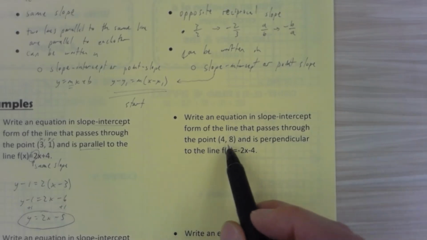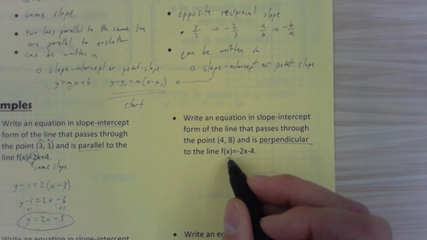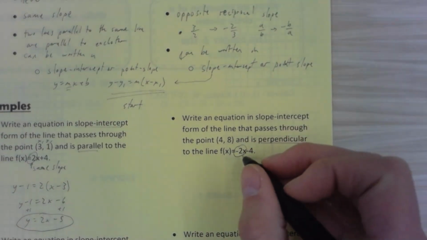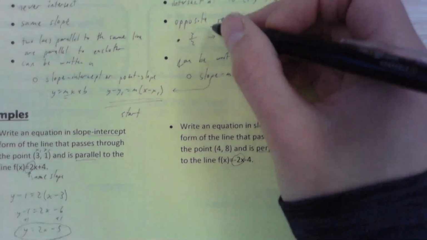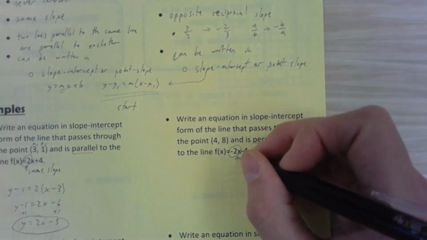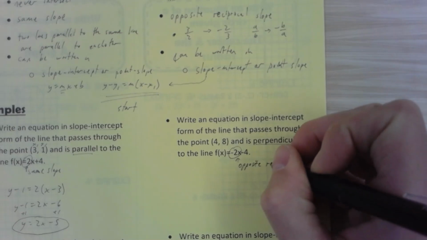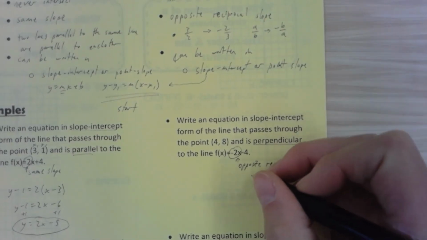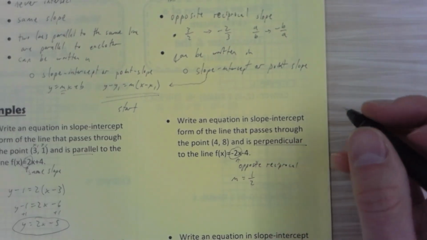If we want to do something similar, write an equation in slope-intercept form of a line that passes through the point 4, 8 and is perpendicular to the line f of x equals negative 2x minus 4. We still start by looking at that slope, and what we know about perpendicular lines is that they have opposite reciprocal slopes. So the opposite reciprocal is a positive 1/2.